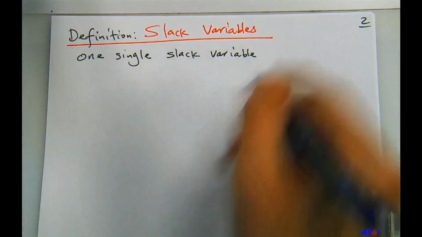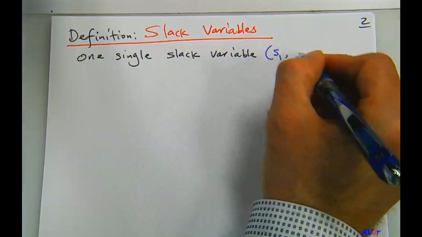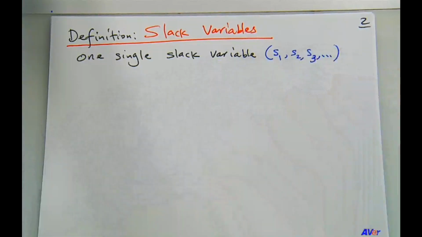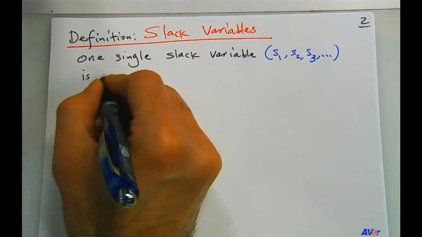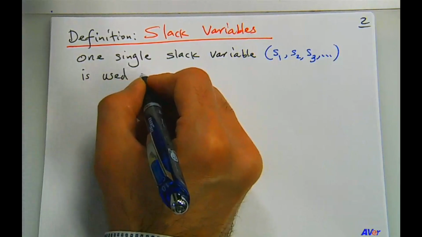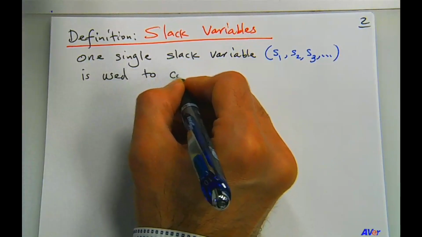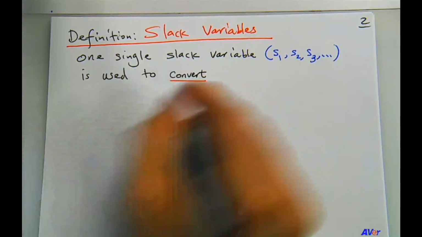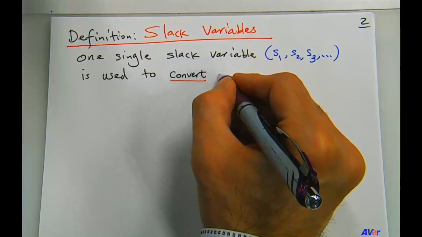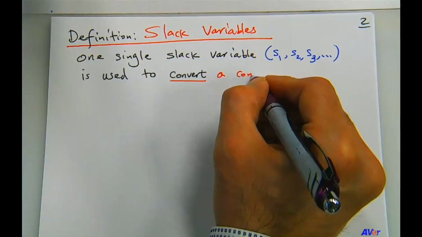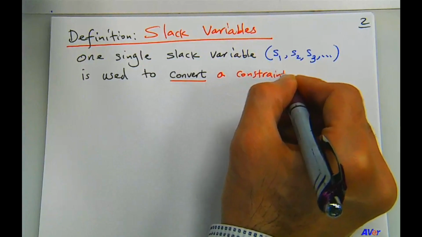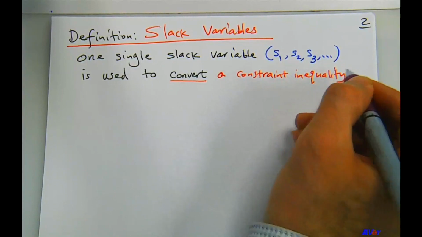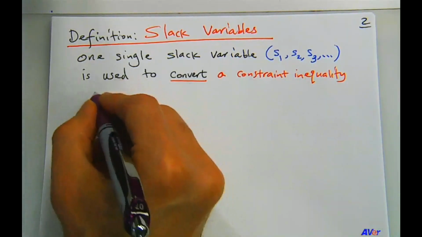One single slack variable, and we're going to call them S1, S2, S3, and so on, to convert a constraint inequality to an equality.